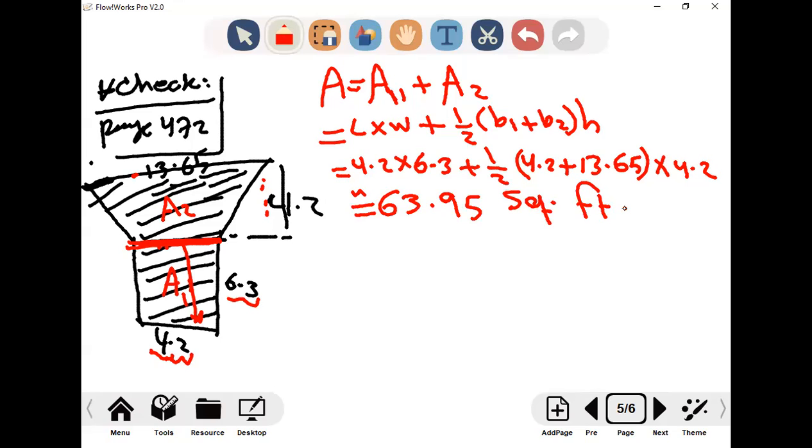Did I finish? No. Let's see what the question wants. If one case of decorative stone costs $25 and covers 6 square feet, how much will it cost to cover the whole walkway? I need to know how many 6 feet in this area, right? Because each 6 feet needs $25, sure?